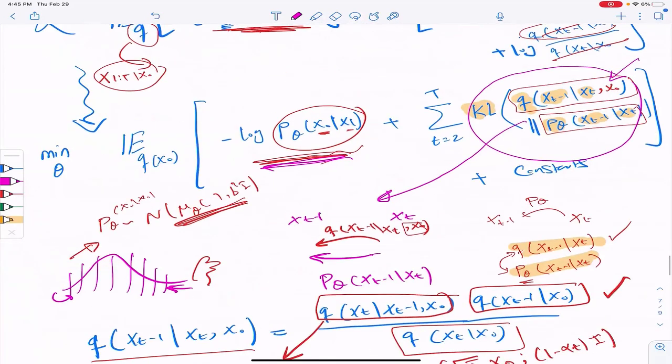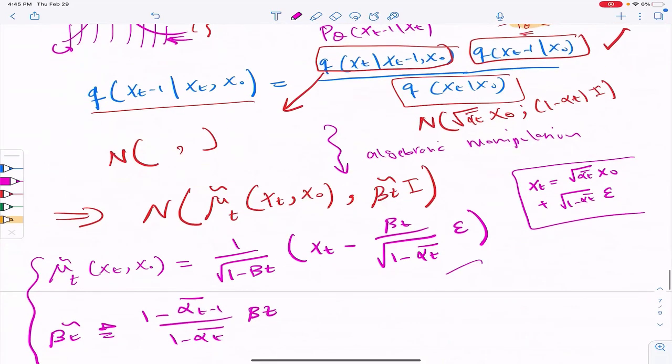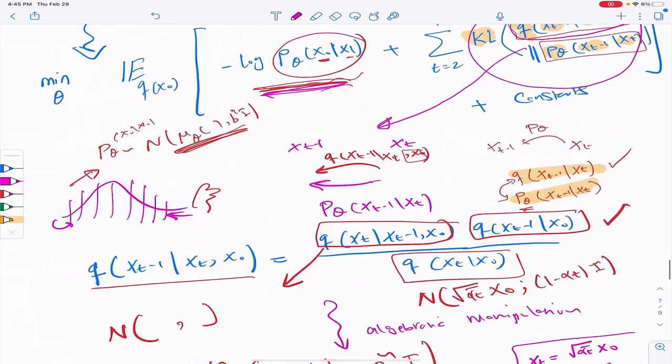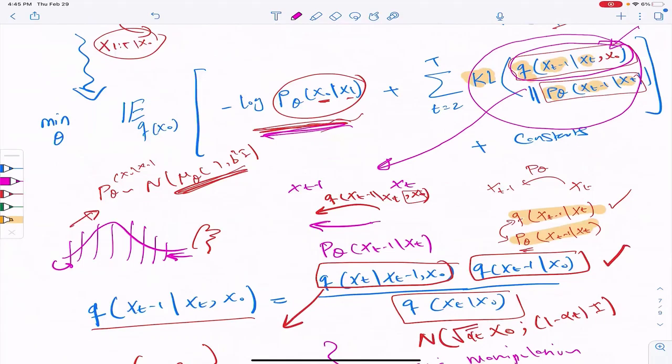So again this is going to be a Gaussian distribution with this mean and this covariance. The covariance is a scaled version of the identity. For my p theta, for my denominator, again, I have another Gaussian distribution.